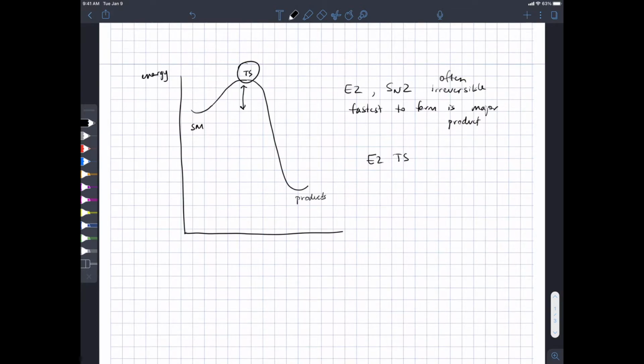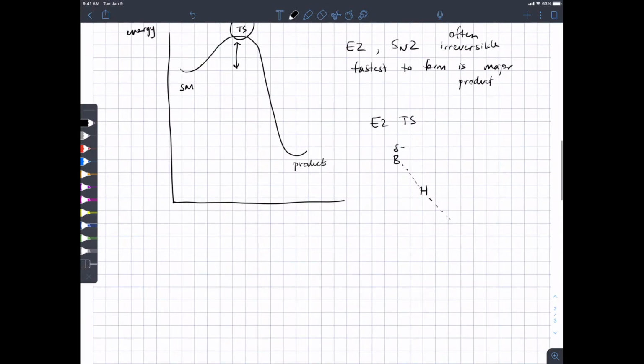Doing this is not too bad. You have a base with a partial negative charge on it, removing the beta proton. So in the transition state, the beta proton is in the process of being removed. At the same time, we're forming a new pi bond between alpha and beta, and the leaving group is leaving.